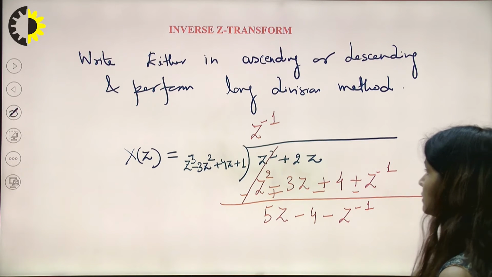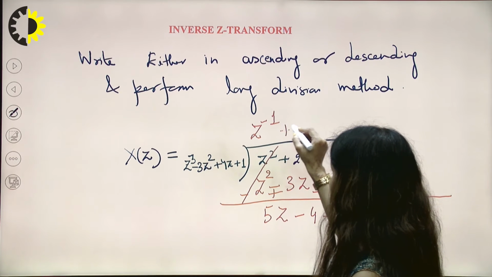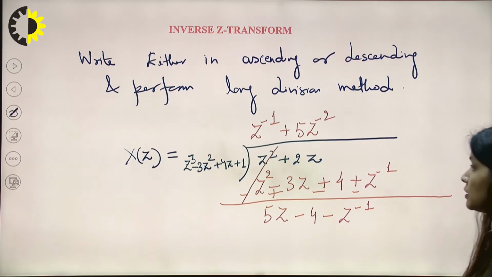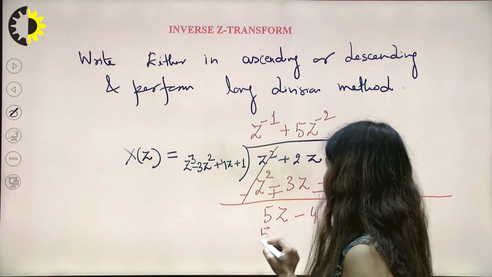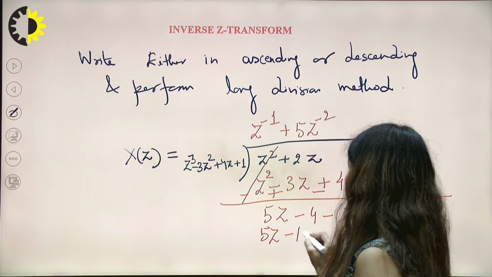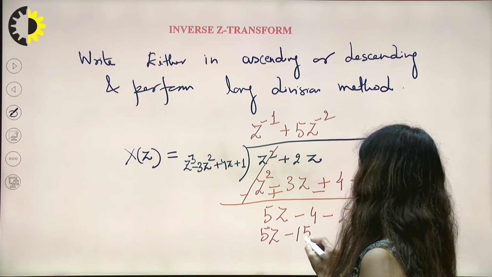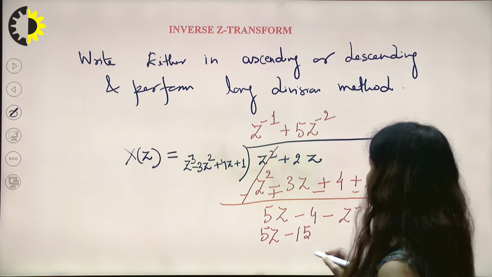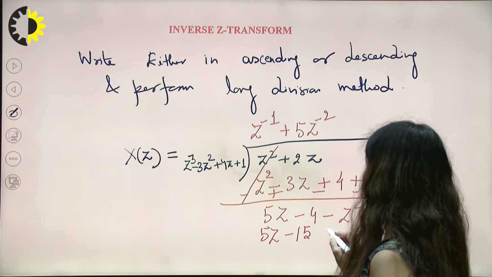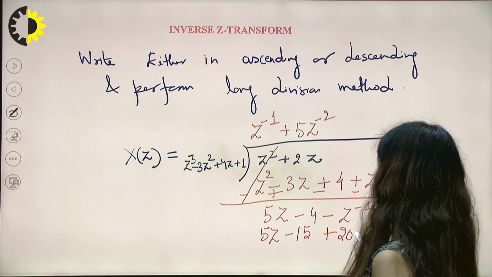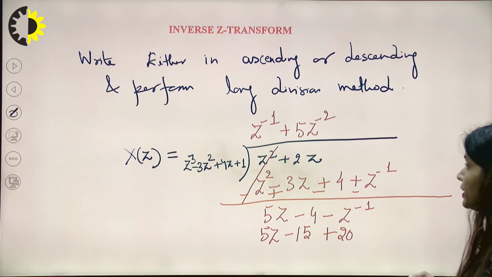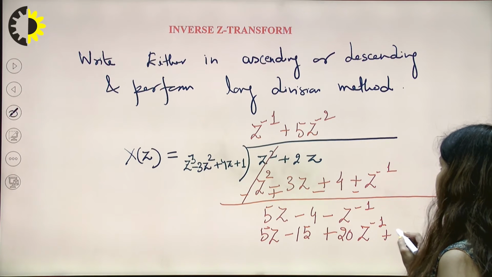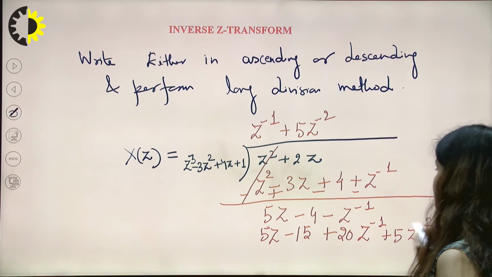Again, this one will be 5z minus 15. Okay, and then 5 into 4 plus 20, plus 20 z inverse, plus 5z raised to the power minus 2.